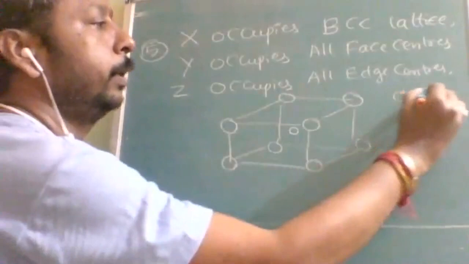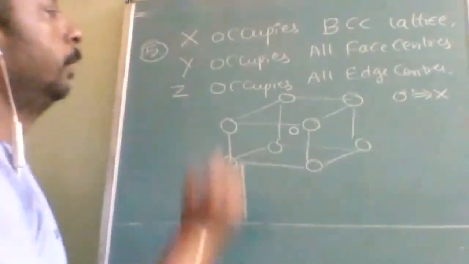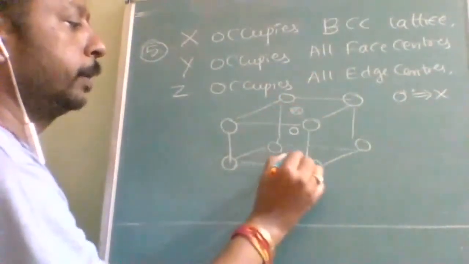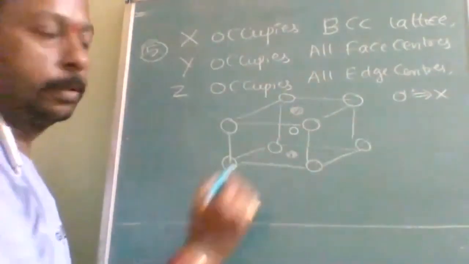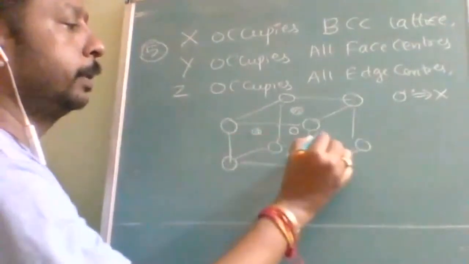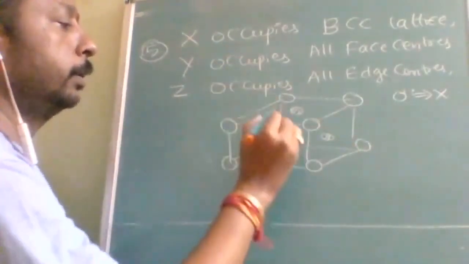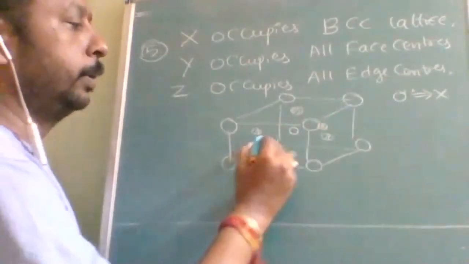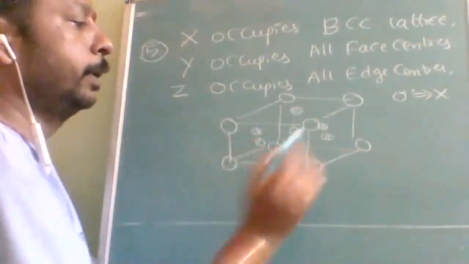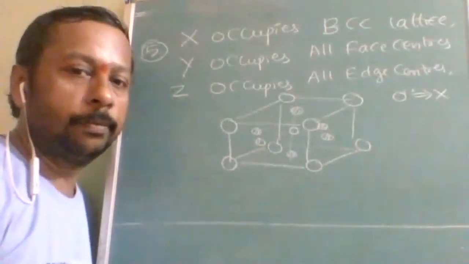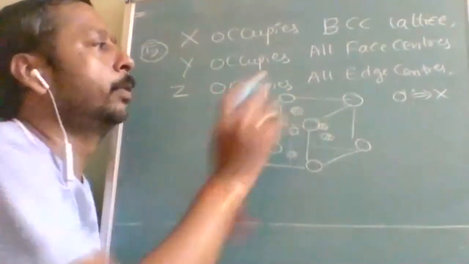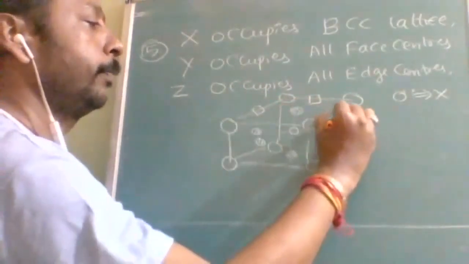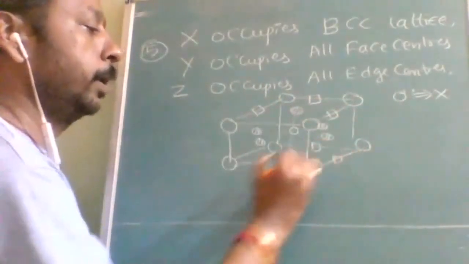All circles will represent X, and Y occupies all face centers. This is top face center, this is bottom face center, this is left, this is right, this is front, and this is back. So these are the face centers. Now Z occupies all edge centers. So these are the edge centers.